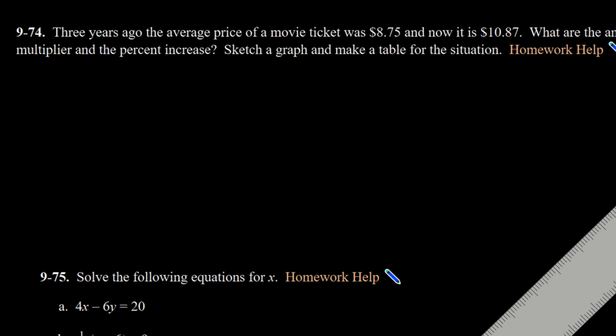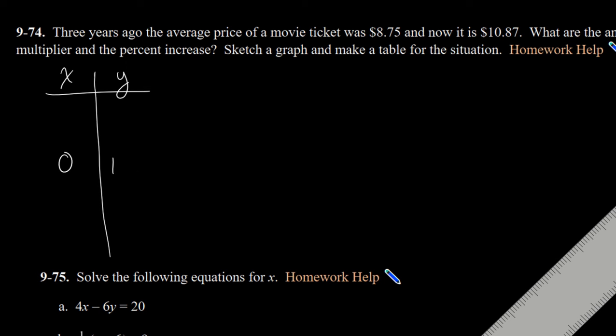I actually want to organize this with a table to start with. So if X is the number of years and Y is the cost of a movie ticket, it says 3 years ago, well, here's year 0. And apparently at year 0, which is now, it's $10, no, not $18.